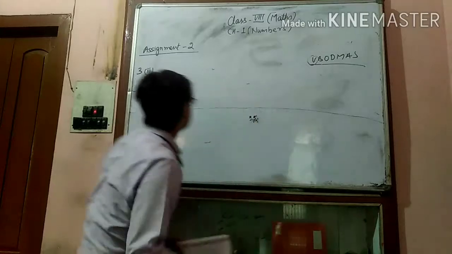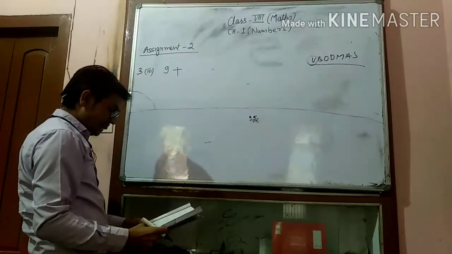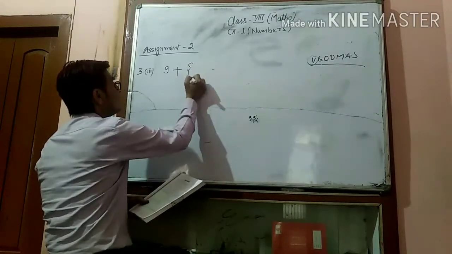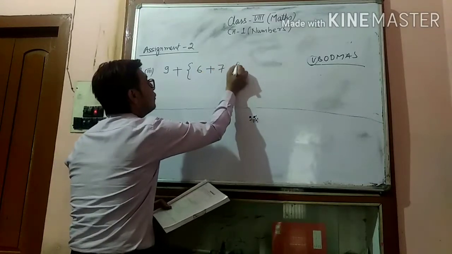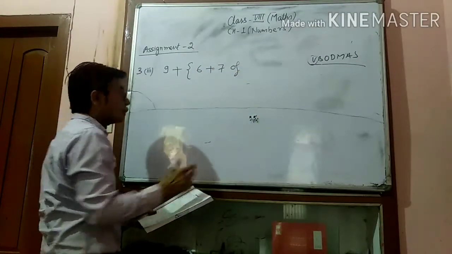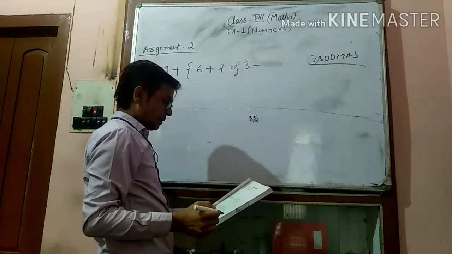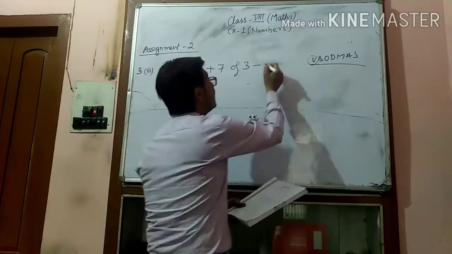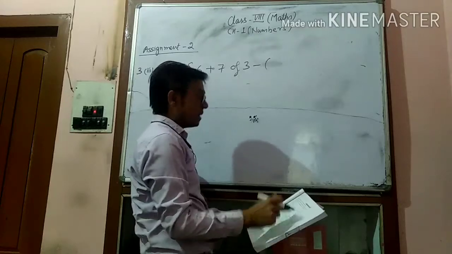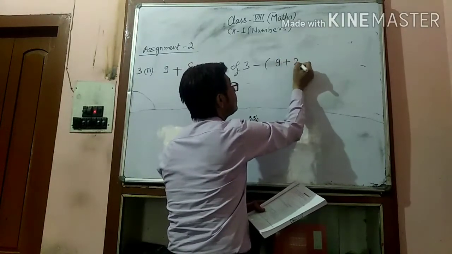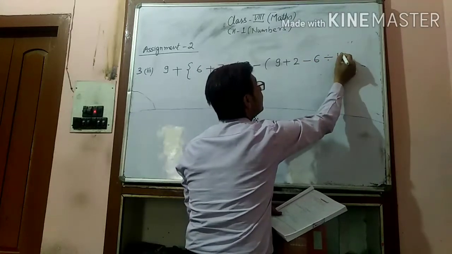9 plus, curly bracket, 6 plus 7 of 3 minus, bracket, 9 plus 2 minus 6 divided by 12.